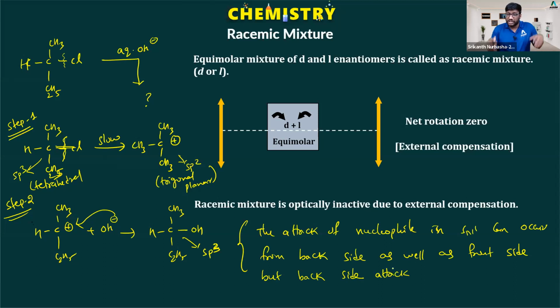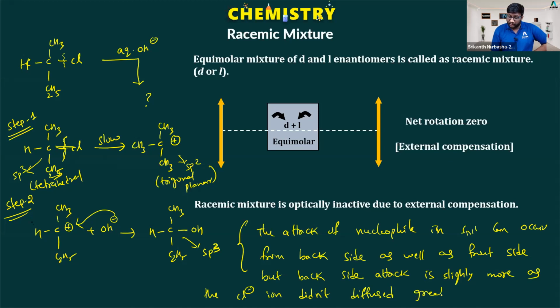You can think like if you just have a carbocation, the attack from the bottom as well as attack from the top is the same. But in reality, backside attack is slightly more, as the Cl minus ion did not diffuse greatly.